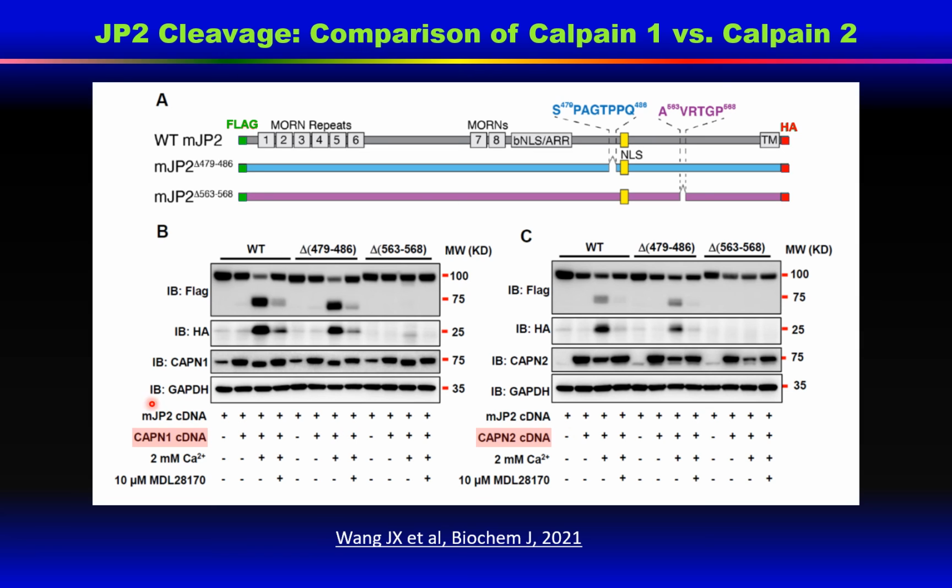As shown here on the left, Calpain-1 together with calcium induced a JP2 cleavage, producing the 75 kD JP2NT and 25 kD JP2CT. And calpain inhibitor partially inhibited the cleavage of JP2 by calpain.